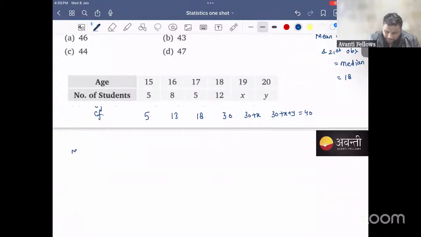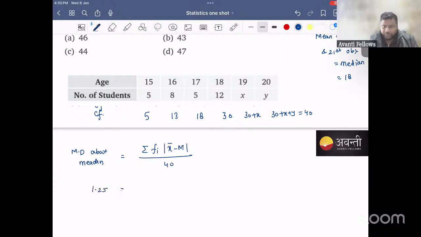Now, mean deviation about the median. What will it be? Sigma fi mod (x minus M) upon 40, that is the total number of students.